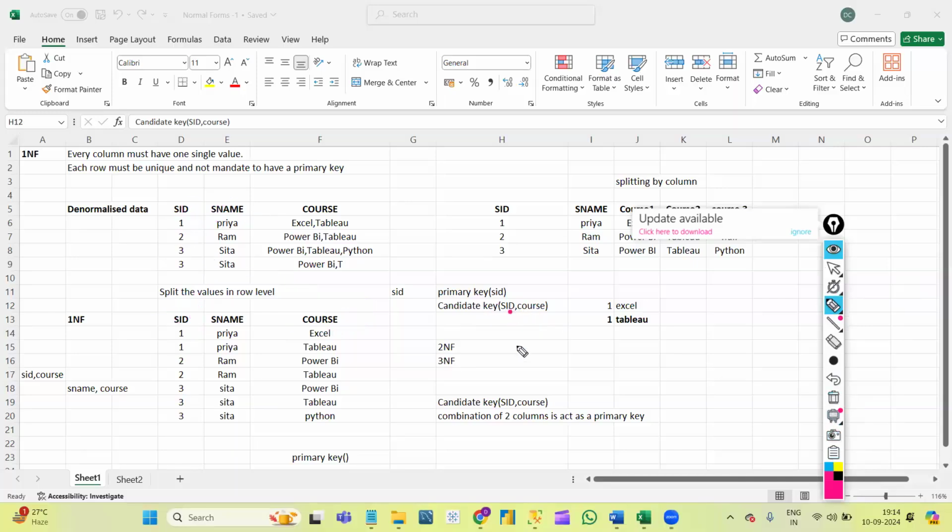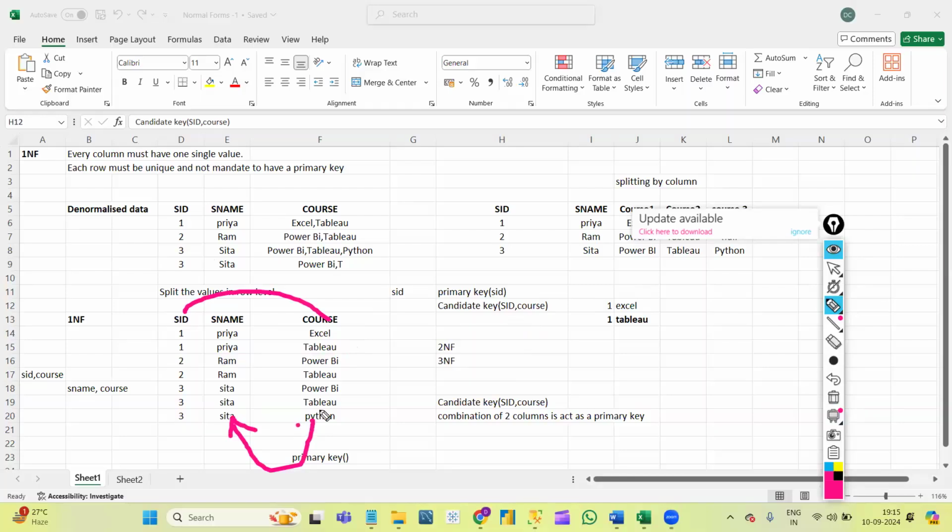So here we will mention basically two columns, and if I see here, my SID is 1, my SID is Excel. Now we are not considering one data as unique. We are considering two values together as unique, like that. And we can create many candidate keys in one table. In this table, I can create SID and course as one candidate key, or else SNAME and course as one candidate key.